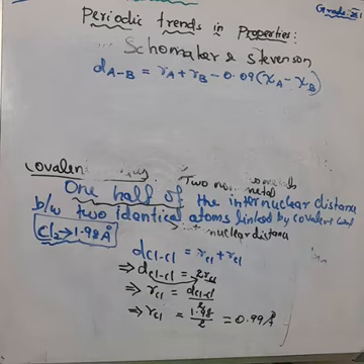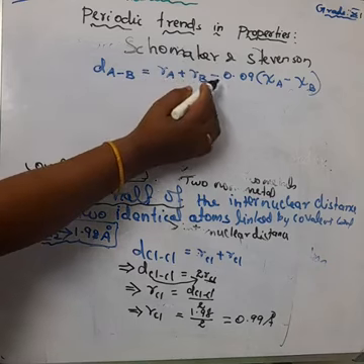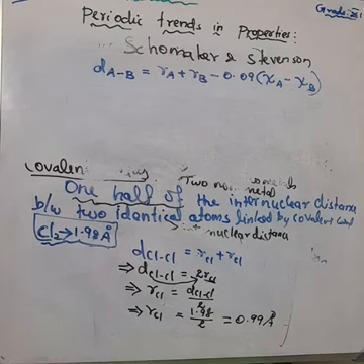What is the formula? D_AB is equal to R_A plus R_B minus 0.09 into (Ka minus Kb).